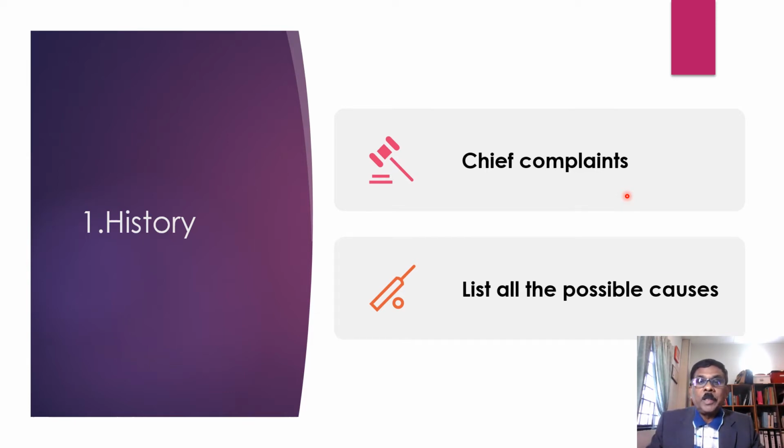It can be as many as possible. And from this list, subsequently, with the history of present illness and the physical examination, we will exclude one by one whatever diagnosis is not feasible, so that by the time we come to the diagnosis, we have just a couple of them as differential diagnosis.